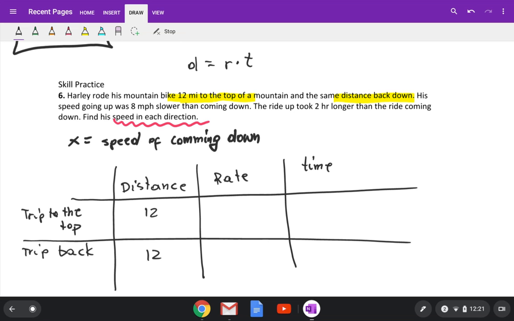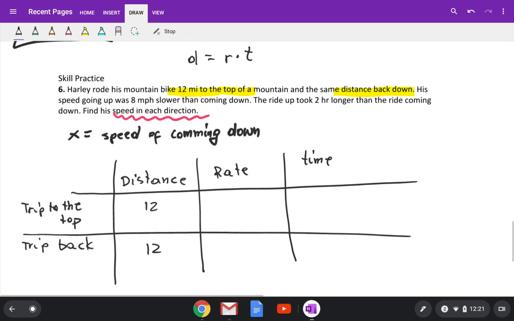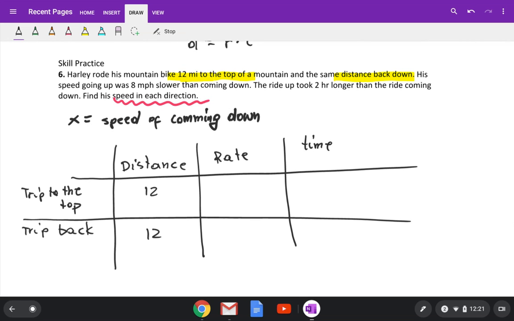Okay, we have the same distance. His speed going up was 8 miles slower than coming down. So again, speed of coming down, that's my x. And his speed going up was 8 miles slower than coming down, so that's going to be x minus 8.